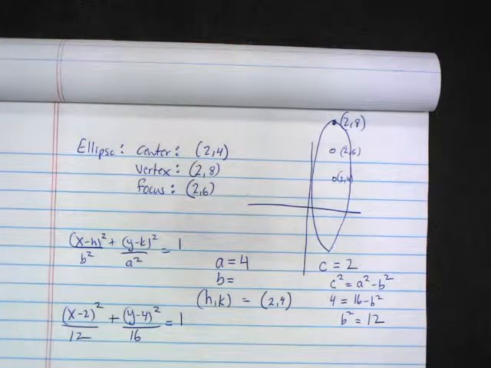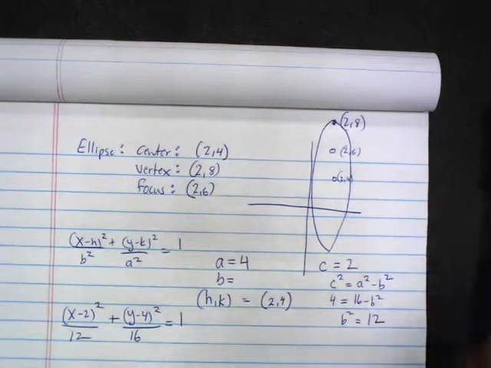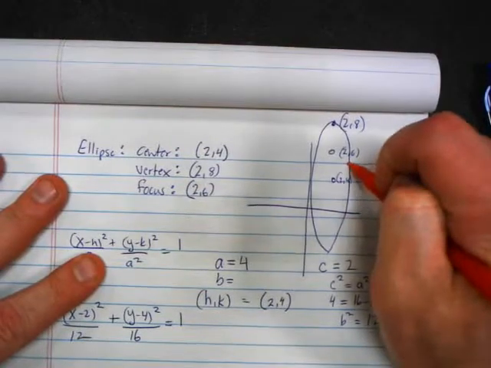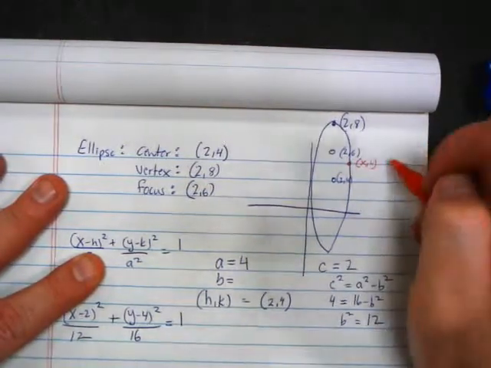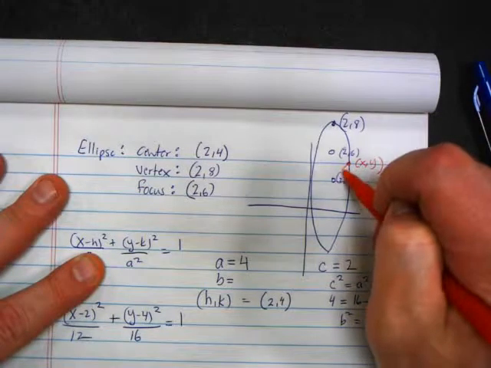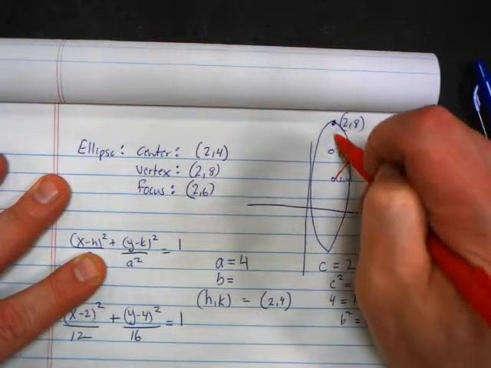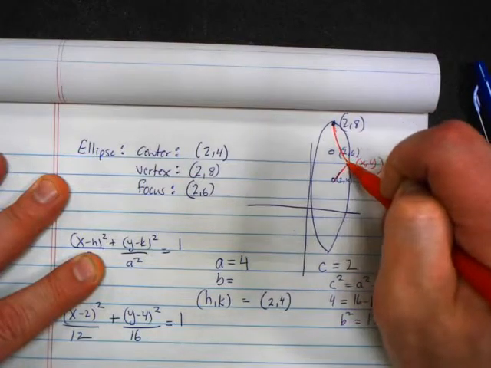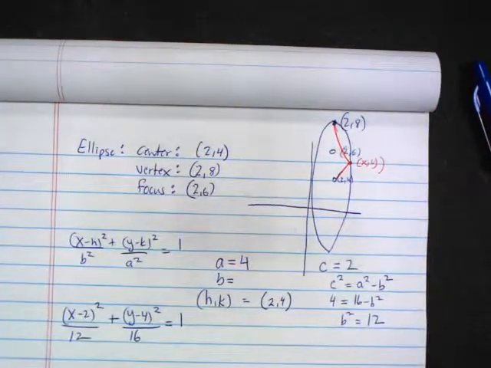Where does the 1 come from? This one right here? Yeah. Again, it comes from deriving the equation of the circle, or I'm sorry, not the circle, the ellipse. To derive the equation, you pick a point here called x comma y, and then you have to find this distance, and then you have to find that distance, and you add them together, and it has to be a certain value.